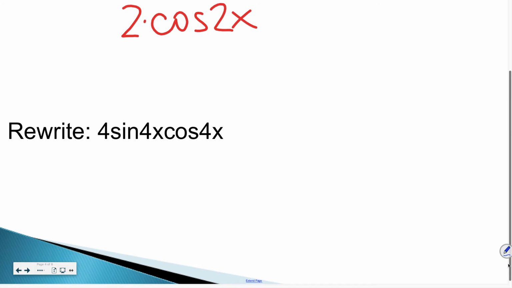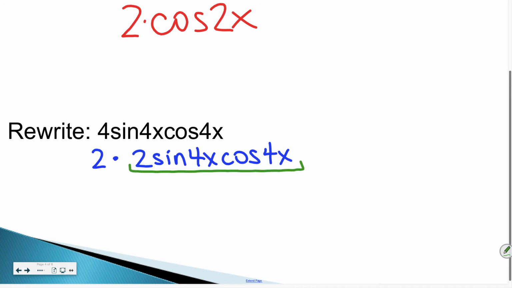So the first thing I'm going to do, I'm just going to write this as 2 times. When we actually apply this formula here, I give you u because u could be anything. If we're going to go backwards, if 4x is our angle, u, then when we apply our formula, we need to write double u for our angle. When we apply the formula, we double our angle. So our angle is doubled from 4x to 8x.